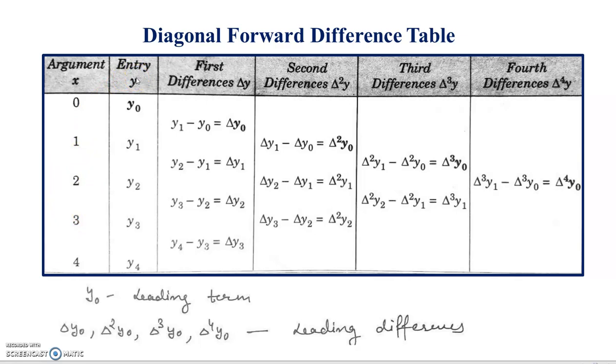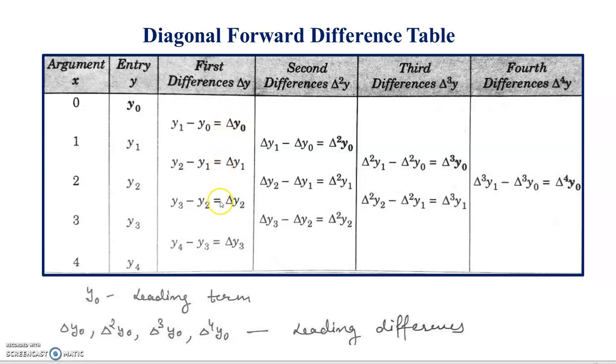And let us consider the entries at the corresponding arguments: y0, y1, y2, y3 and y4. Now, if you take the difference between two consecutive entries, that is y1 minus y0, that is denoted by delta y0. Similarly, y2 minus y1 will be delta y1 and so on. These are our first order forward differences.